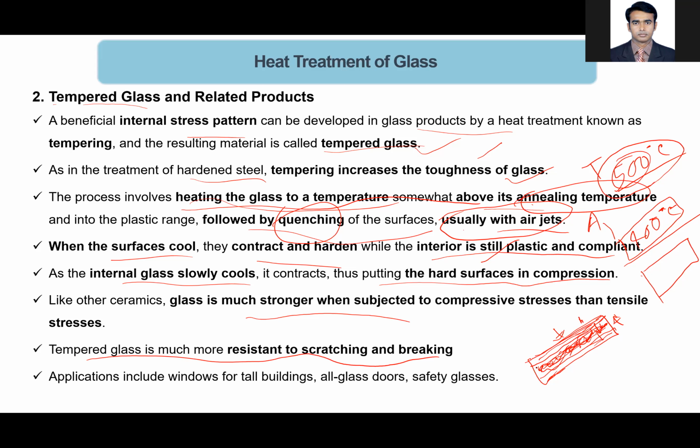It's because the material in the inner core is kind of ductile, because it cooled slowly, but outside it is hardened. The internal one provides the required toughness, and the outer surface provides resistance to scratching. That means it becomes very hard. The combined effect gives that tempered benefit.